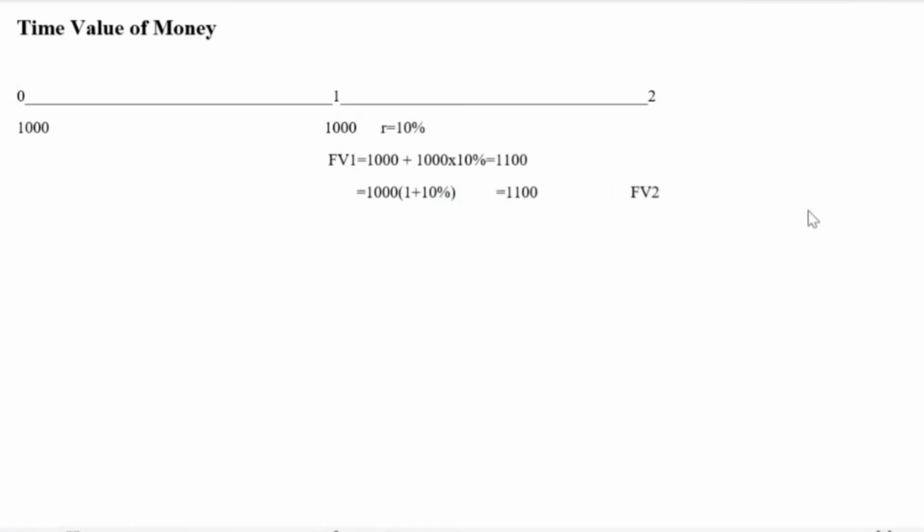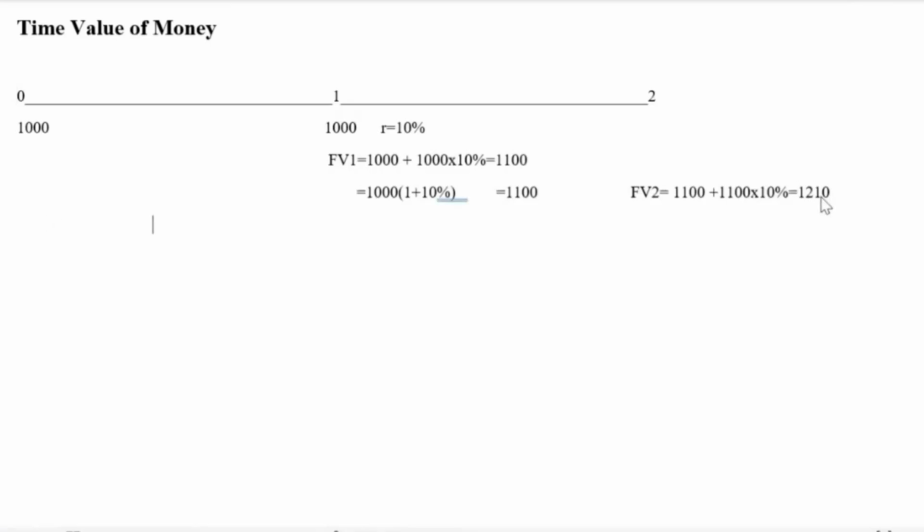This is called future value in year 2, FV2. Based on the year 1 amount, you add 10%. So 1,100, 10% of it is 110, you add it back to 1,100, so 1,210.